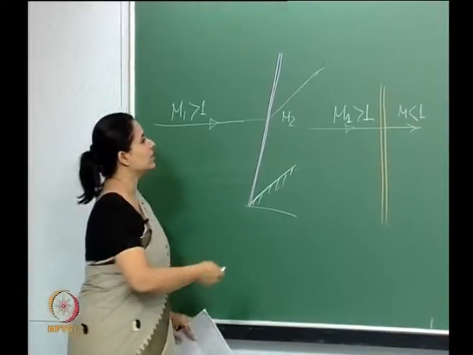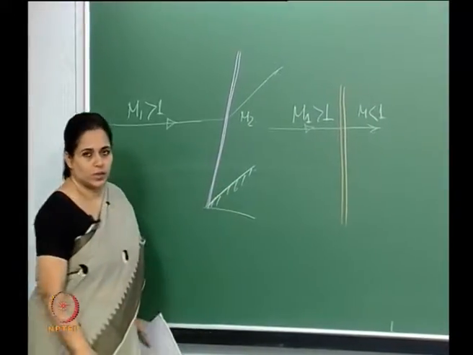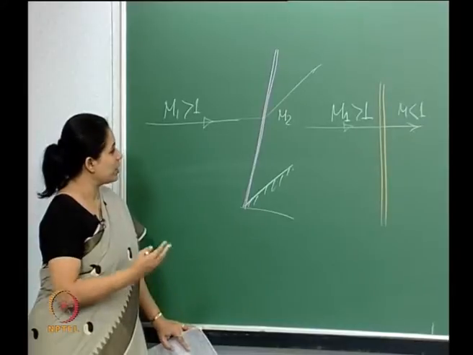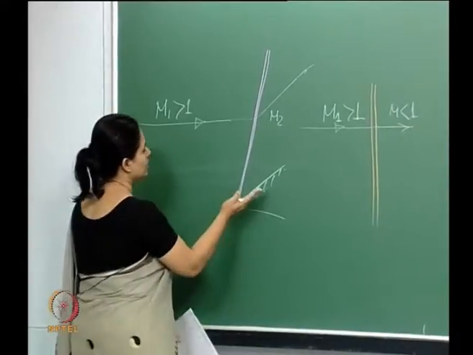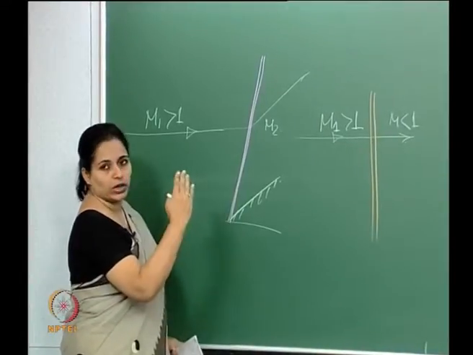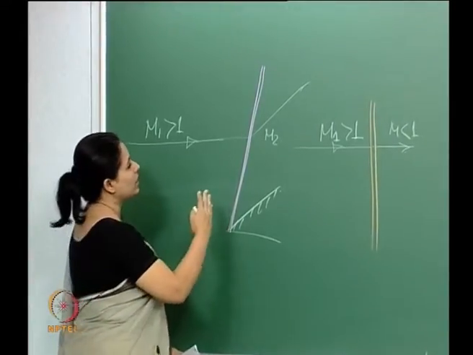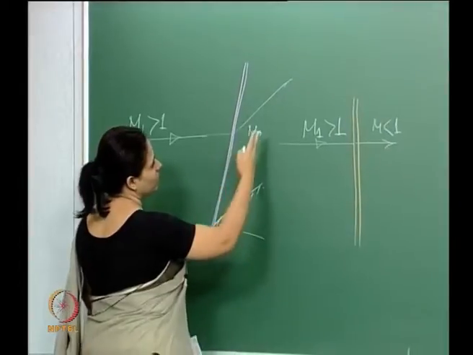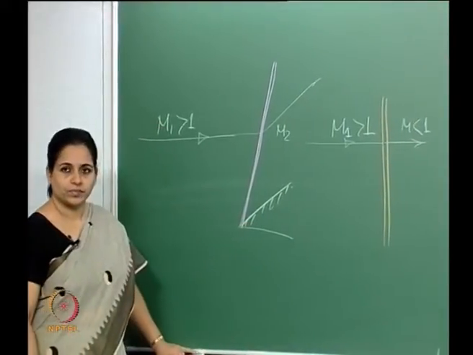Based on that, this can be supersonic or subsonic. So basically what we've done here is that we have a flow which comes here and we block it, and hence we are changing its properties here.